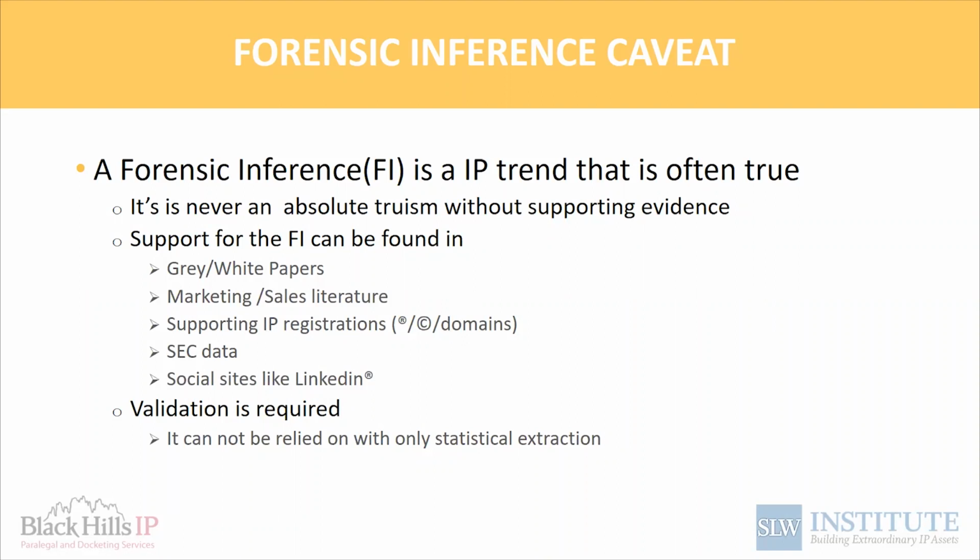So I want to caveat what I'm saying here. I'm going to present a series of forensic inferences that I make, and then I go look for support for as I'm doing comparative searches and comparative analysis of various companies' IP portfolios.